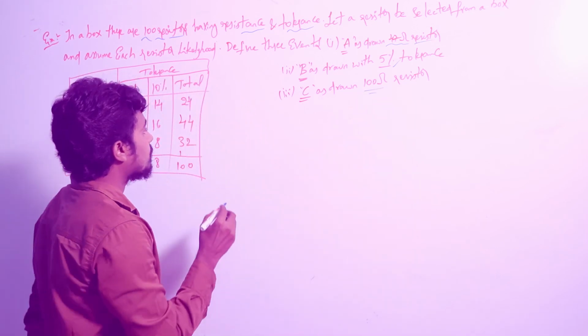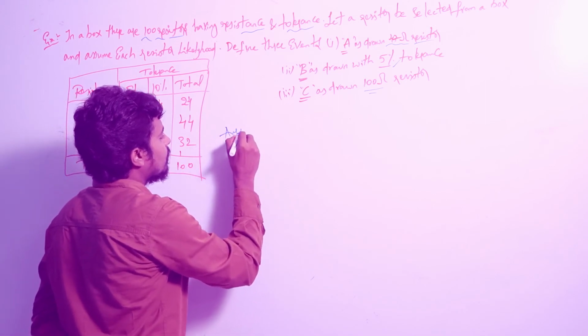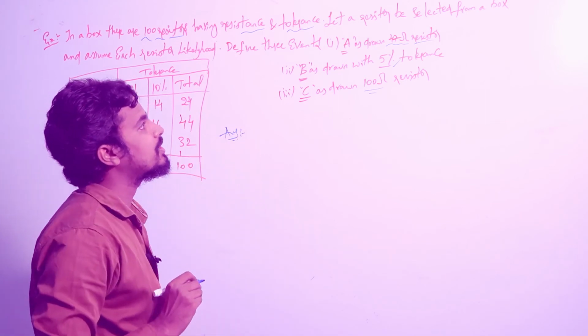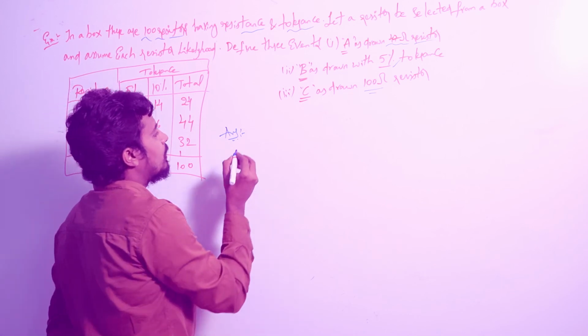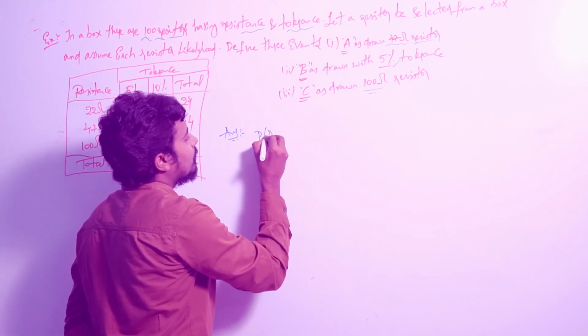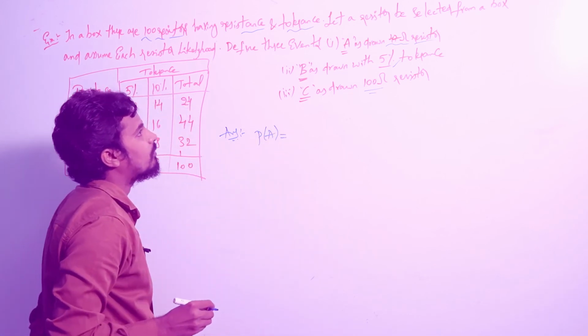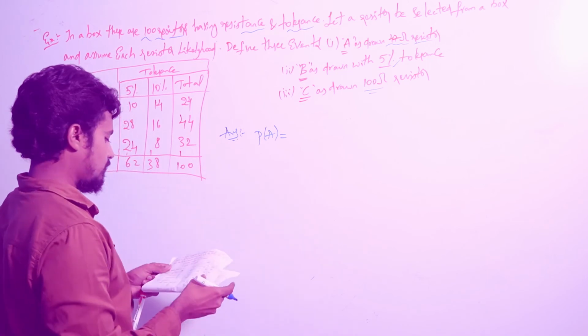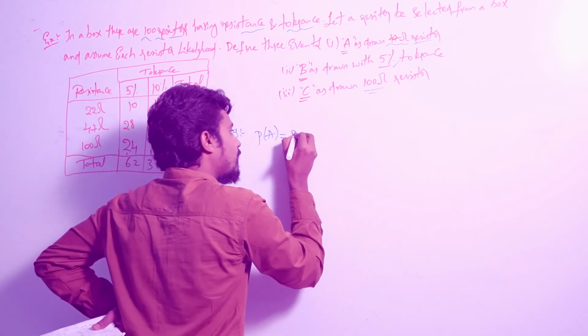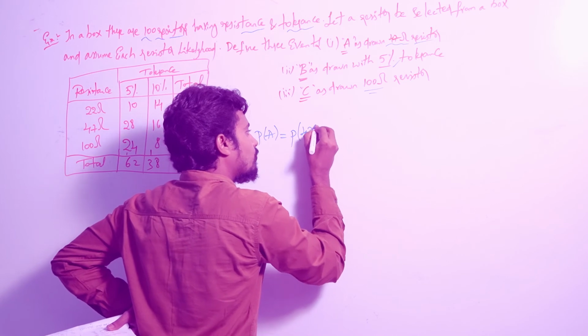Let's see the answer. For A is drawn the 47 ohm, P of A will be equal to P of 47 ohm.